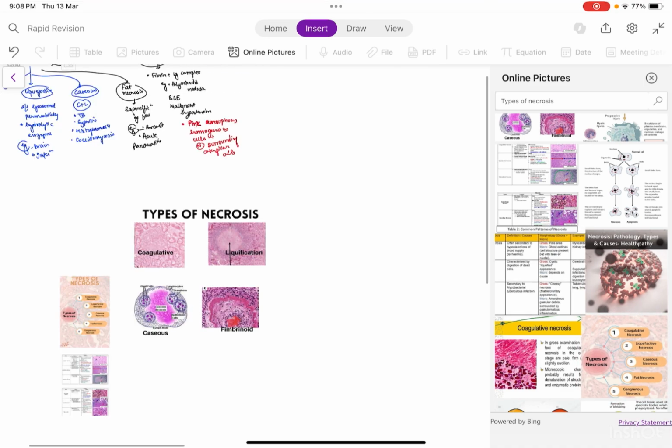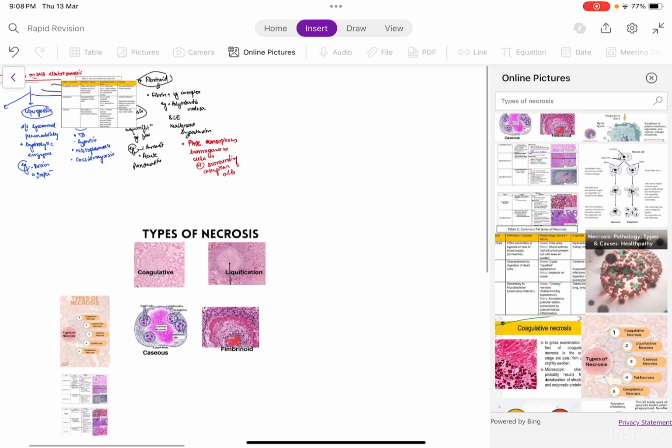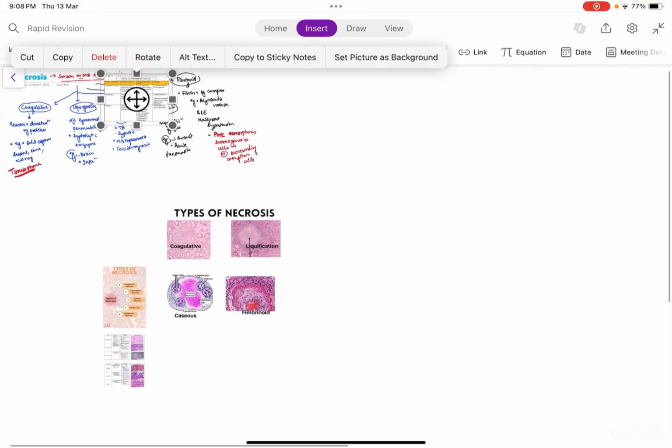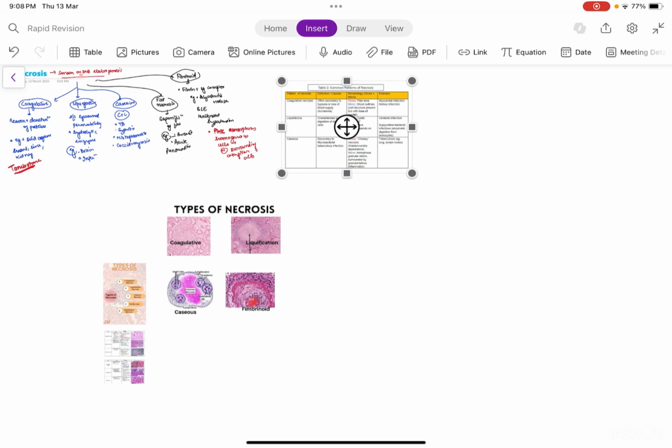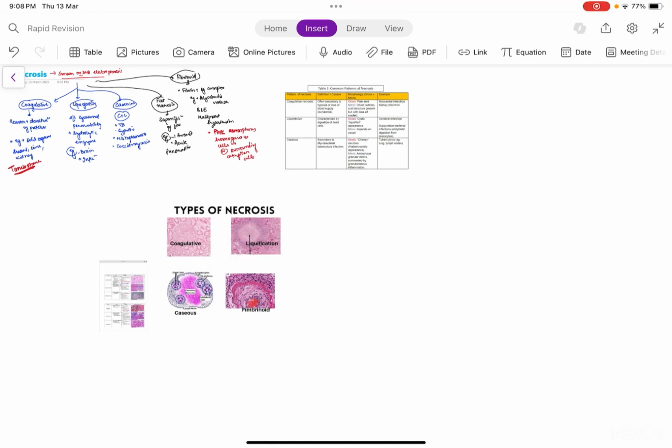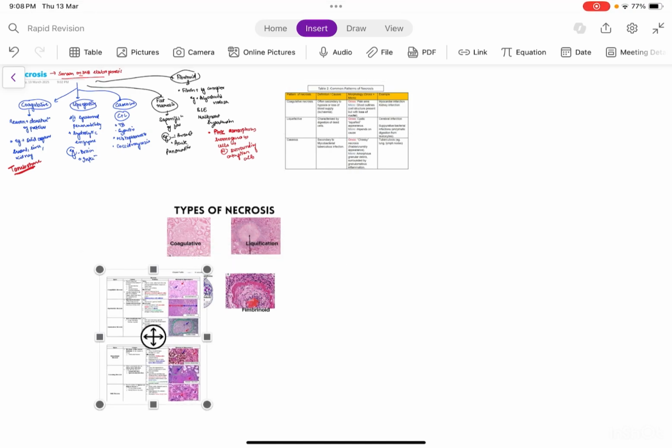Just give me a second. Yeah, so let's just go through few tables so that we know we have done all that is needed.